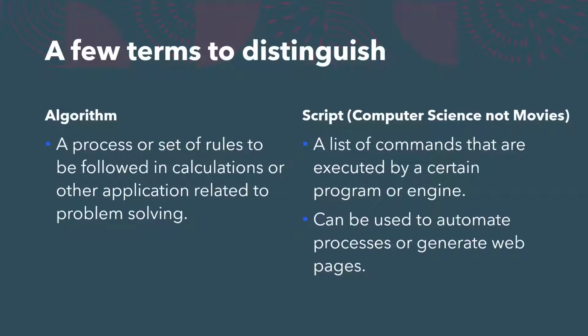An algorithm is a process or set of rules to be followed in calculations or other applications related to problem solving. A script is a list of commands that are executed by a certain program or engine, and can be used to automate processes or generate web pages. I'm referring to the computer science side of it, not movie scripts. They are very similar, but they have different intents.